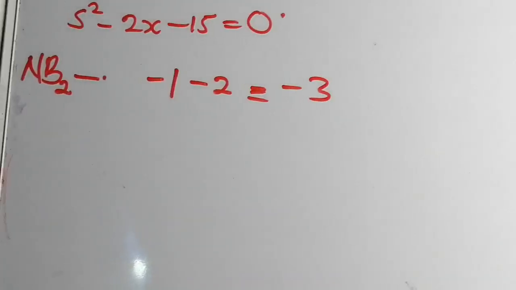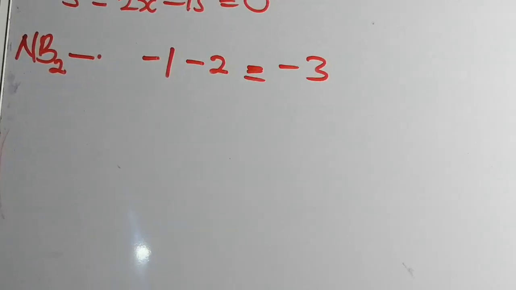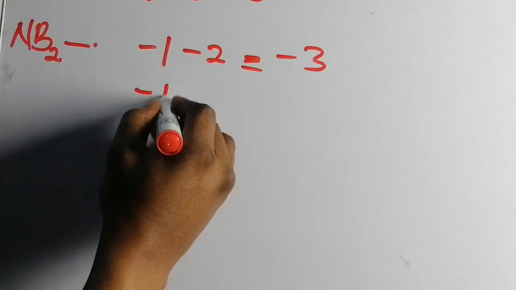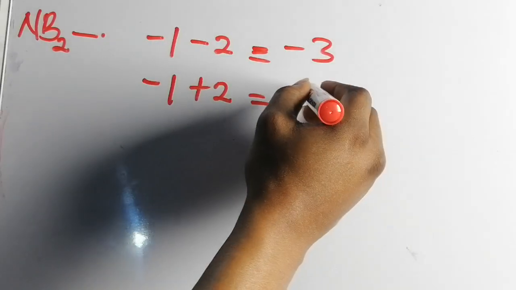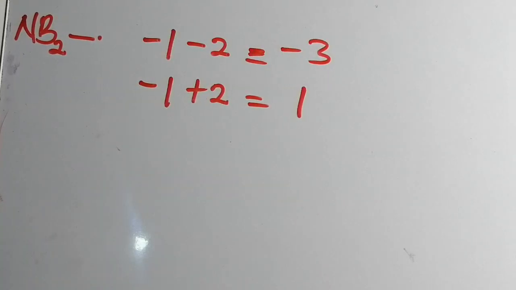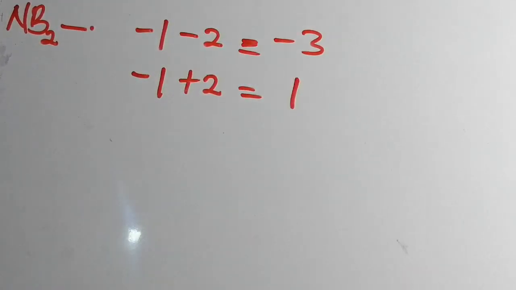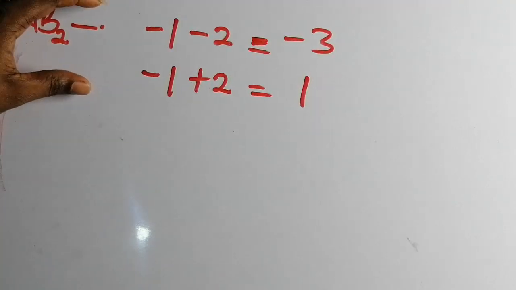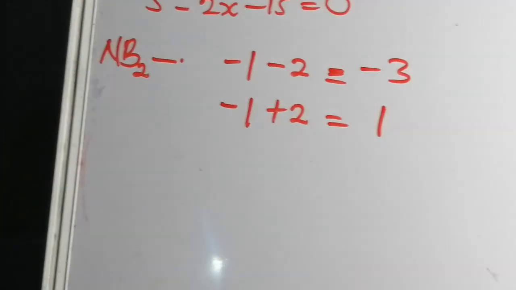Minus 1 minus 2 will give you minus 3. Now, if you have minus 1 plus 2, this one will give you what? 1. So you have minus 1 plus 2. Just note it, because this part, when I was young, when I was trying to groom myself in mathematics, I could remember those days.